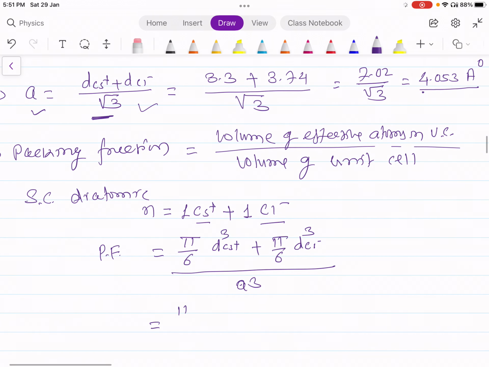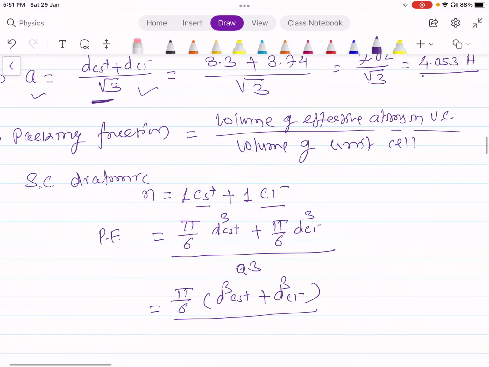This I will simplify as pi by 6 into diameter cube of cesium ion plus diameter cube of chlorine ion divided by a cube.